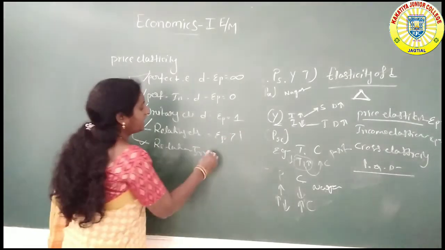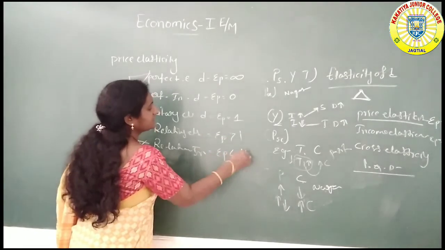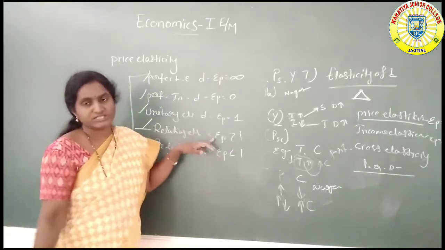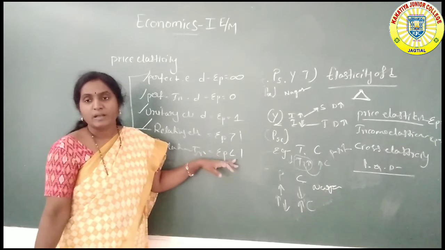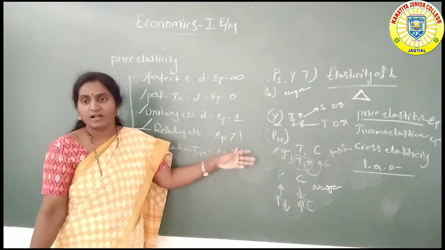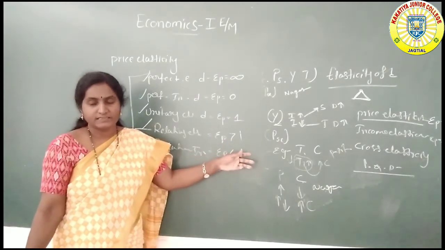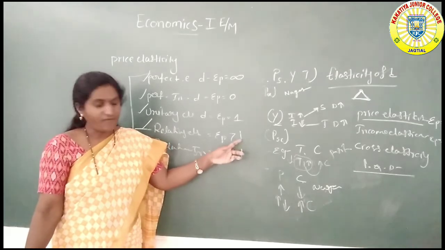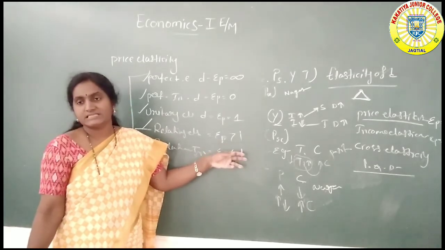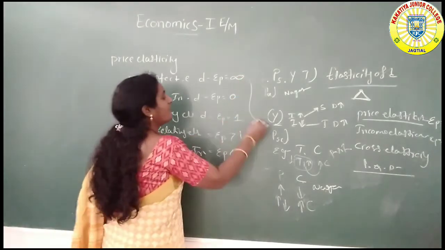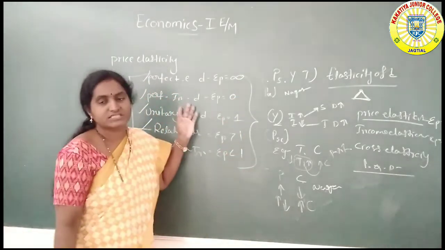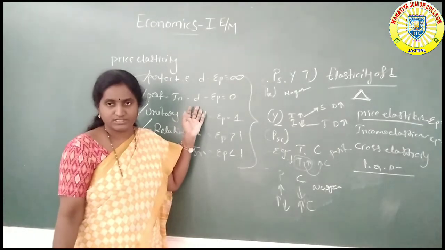Next, relatively inelastic demand means the opposite: the percentage change in the quantity demanded is less, while the percentage change in the price is high. Greater than 1 is relatively elastic, less than 1 is relatively inelastic. So these are the 5 types of price elasticity of demand.